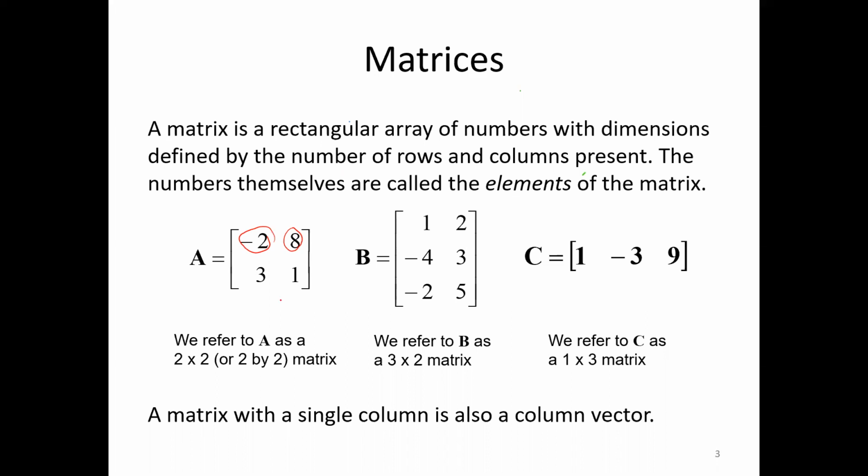We refer to this matrix A as a 2 by 2 matrix because it has 2 rows and 2 columns. So these are 1 row, 2 rows, and 1, 2 columns.